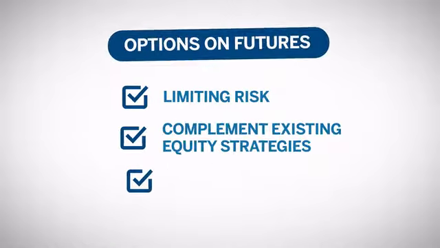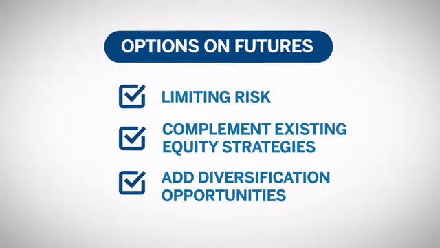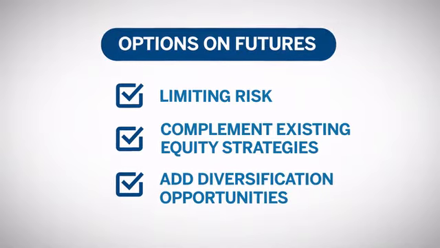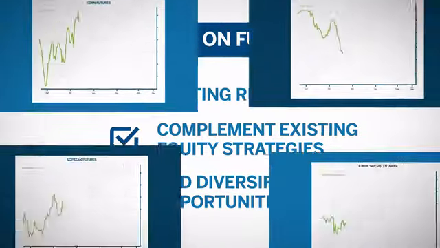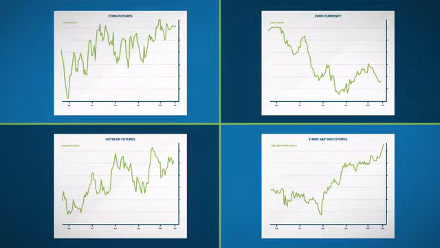In addition to limiting risk, options on futures may complement existing equity strategies and add diversification by providing trades in uncorrelated markets. Markets like corn, soybeans, or the euro currency will move differently than stocks or the S&P 500. So, a trader who may want to have multiple trades can spread their risk across multiple markets while using similar trade setups.